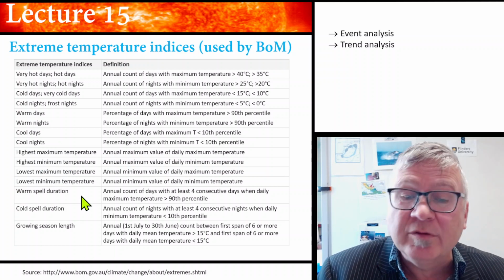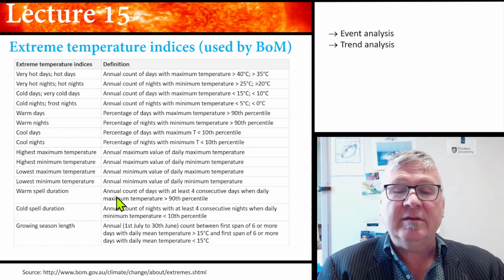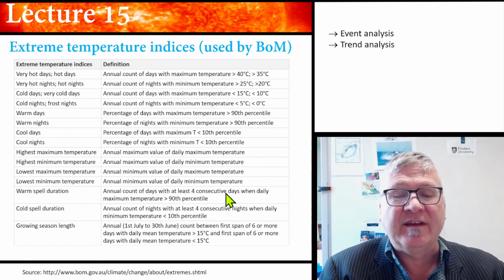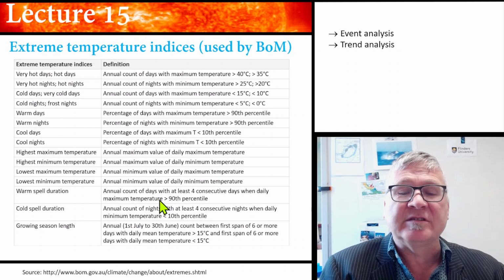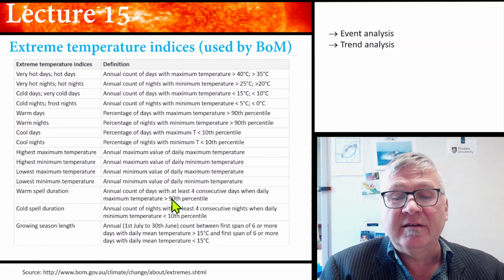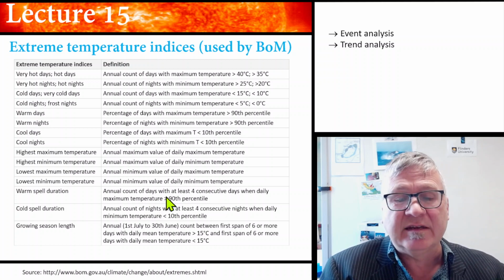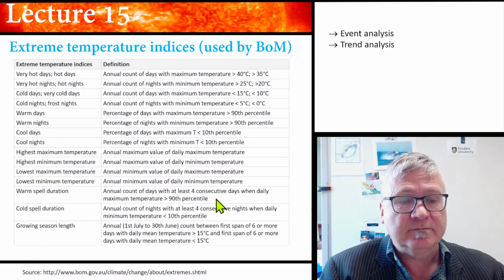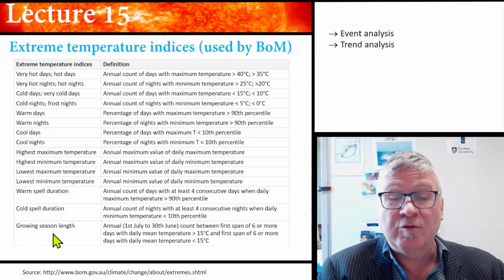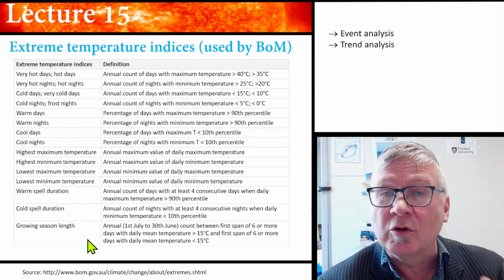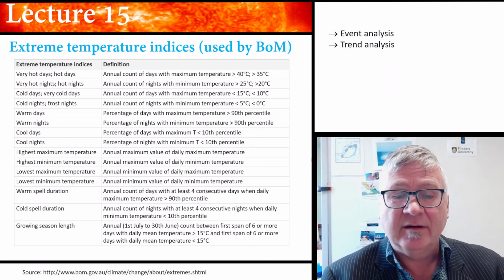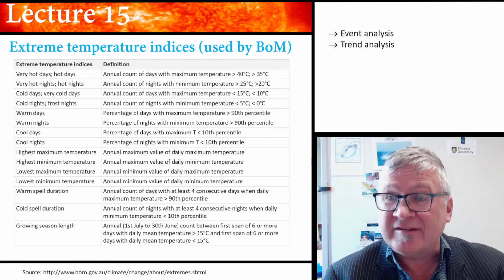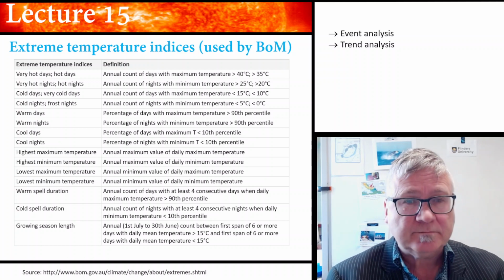You can count the number of days with at least 4 consecutive days when daily maximum temperatures exceed the 90th percentile, the 90% value. Cold spell duration, growing season length. You can also look at seasons based on temperature thresholds.